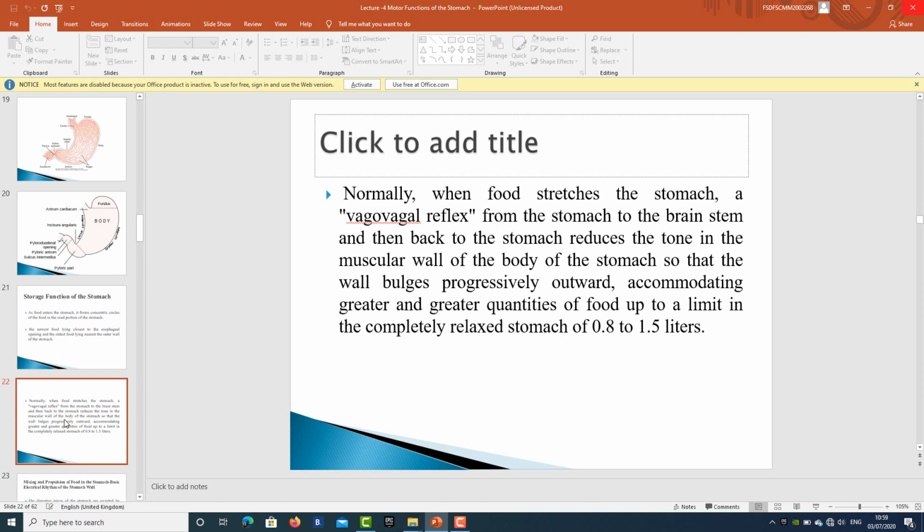So remember that the wall is going to bulge outward, accommodating a large amount of food up to about 0.8 to 1.5 liters.